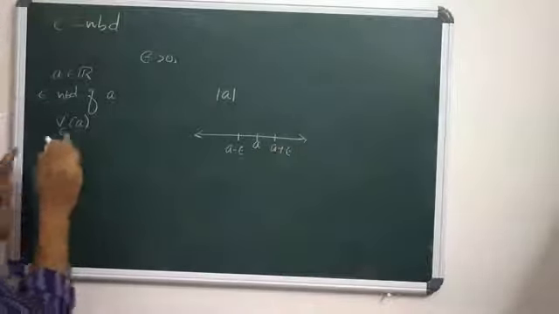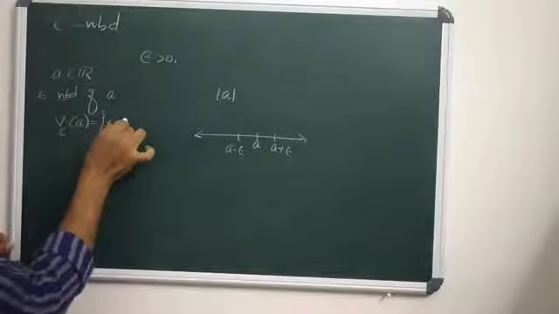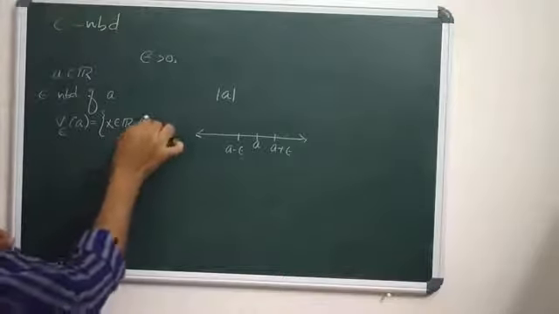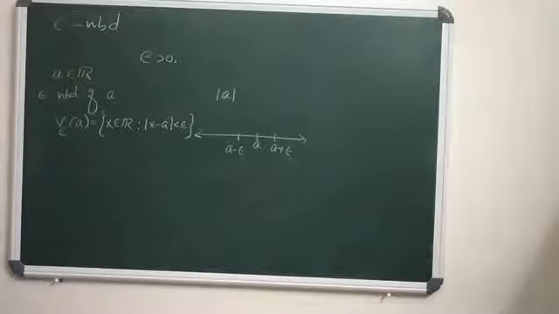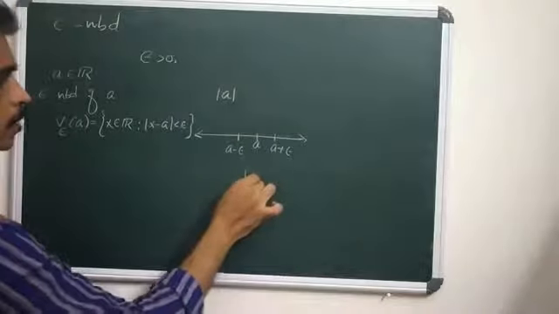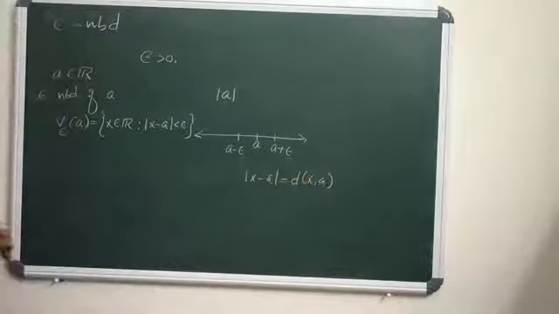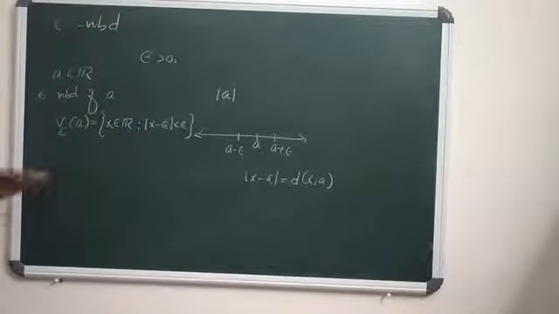So this epsilon neighborhood of A is defined as the set of all x in R such that modulus of x minus A is strictly less than epsilon. Modulus of x minus A is also taken as d of x and A, the distance between x and A, which is less than epsilon.